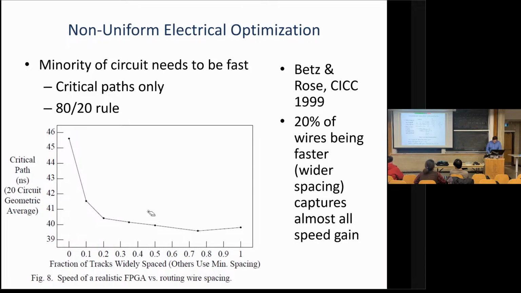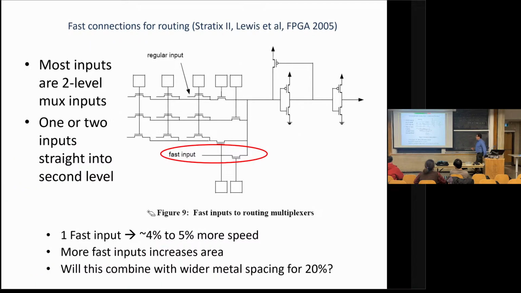This is a similar technique that we used in Stratix 2, so it's in the paper on that. This is kind of a complicated figure, but it's a routing driver. It's basically one little inverter, big inverter, level restorer or weak keeper. And then these are SRAM cells. And this is a 2-level mux, okay? That's taking a whole bunch of routing wires.